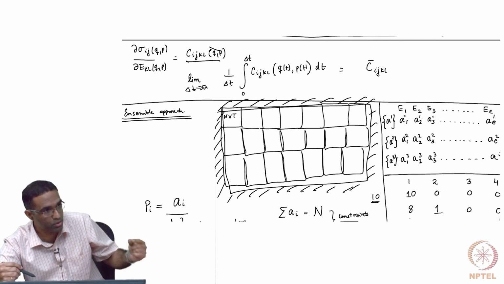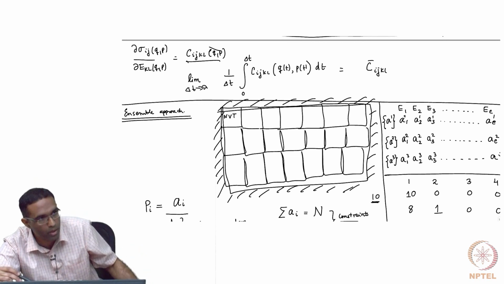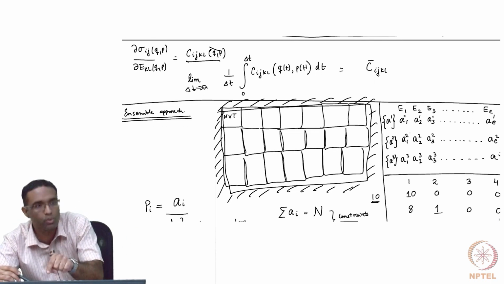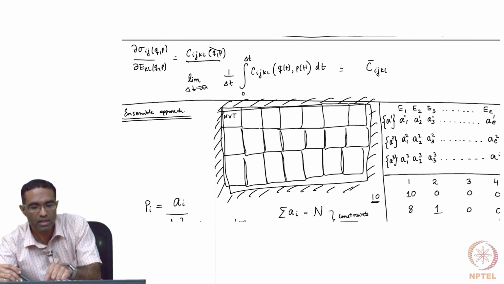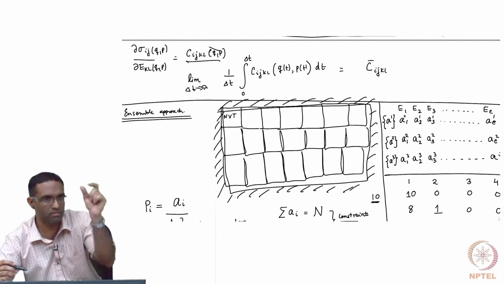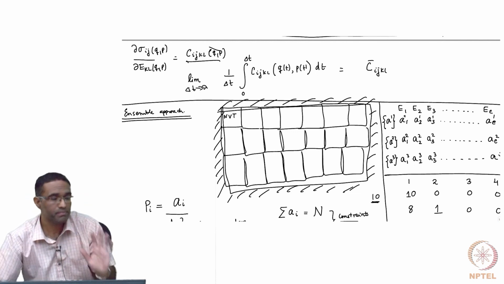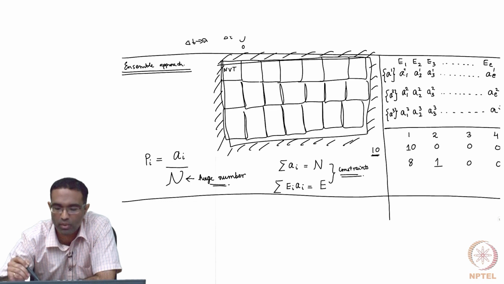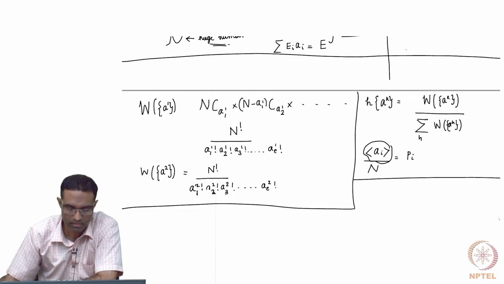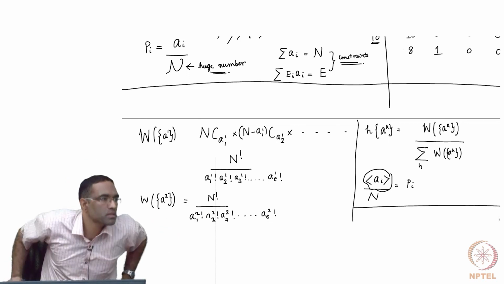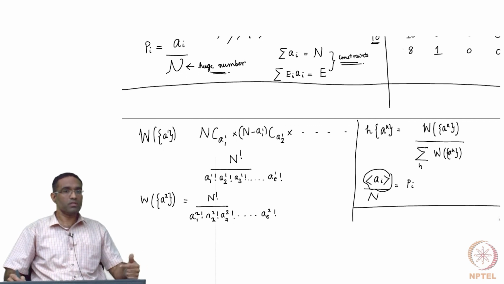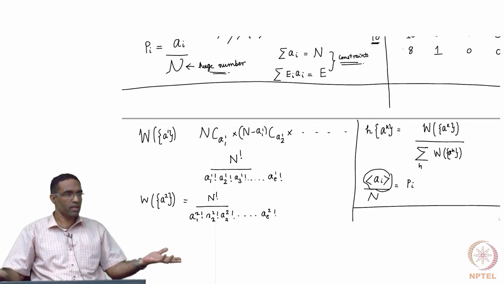That can also be written using probability in the following manner: A11 times the probability that A11 occurs, plus A12 times the probability that A12 occurs, A13 times the probability that A13 occurs, right? But the probability that A11 systems are in energy E1 is nothing but the probability that the A1 distribution occurs.